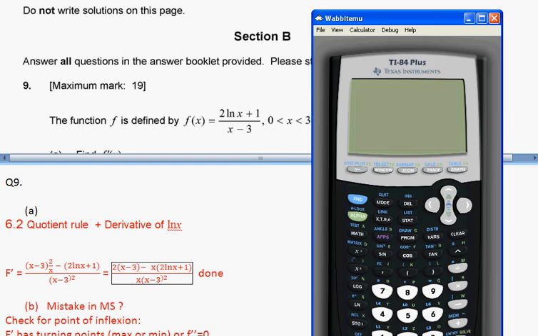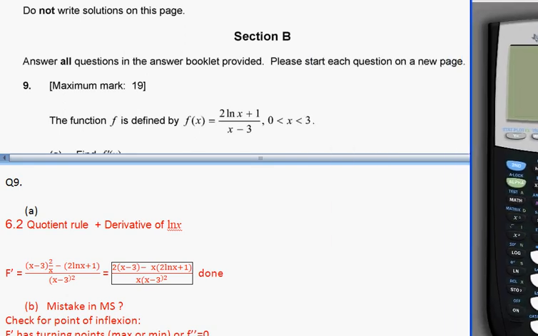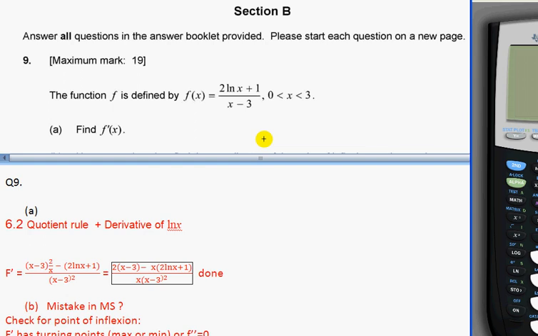Find f derivative. To find derivative we use quotient rule plus derivative of logarithm, section 6.2. As a result, we get this expression. Question done.